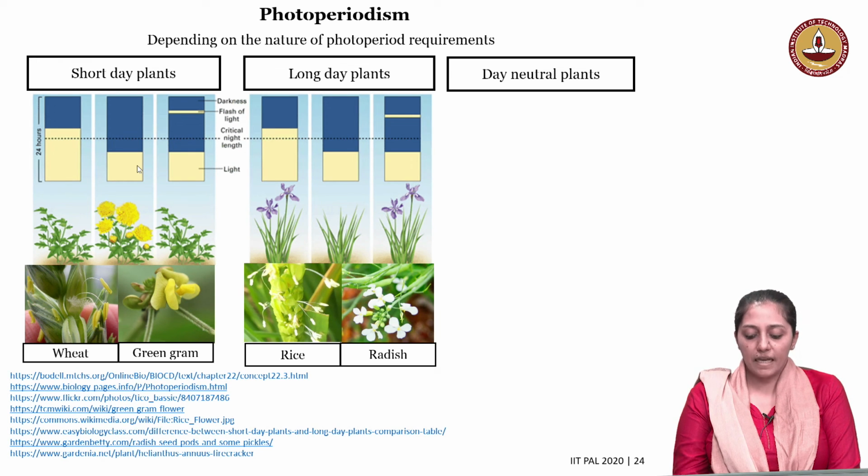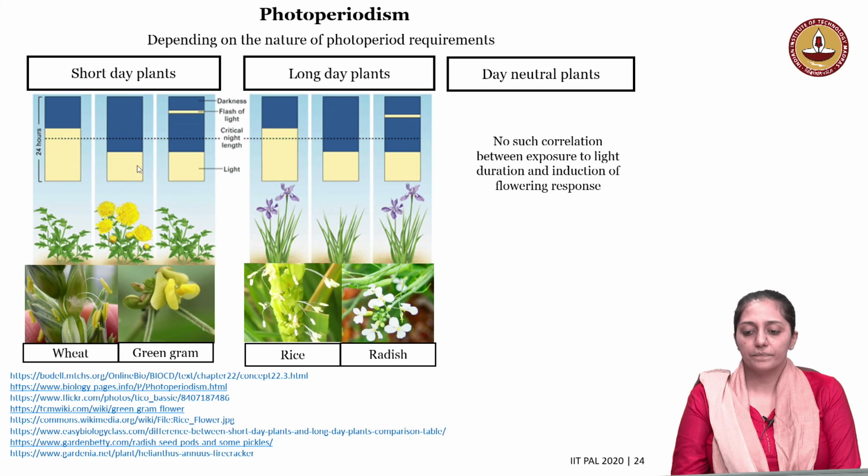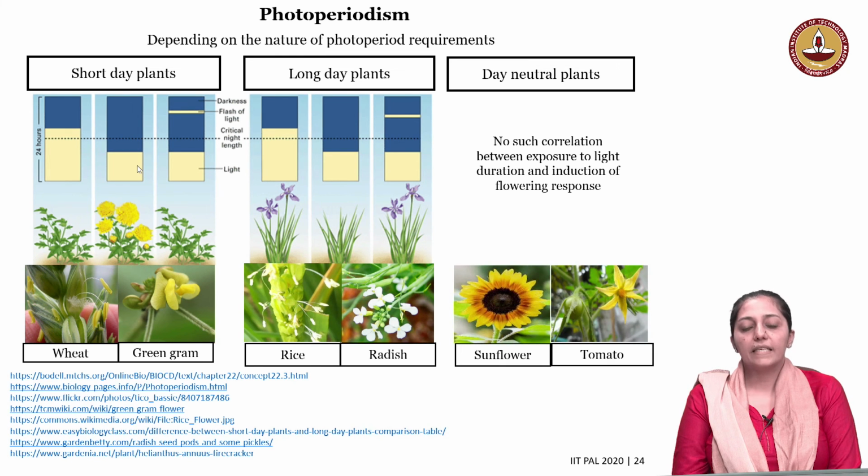Again, even in that non-illuminated period, if there can be flashes of light, that may also induce flowering. And in day neutral plants, no particular correlation is observed between the exposure to light duration and the induction of flowering response, like in the case of sunflower or tomato.